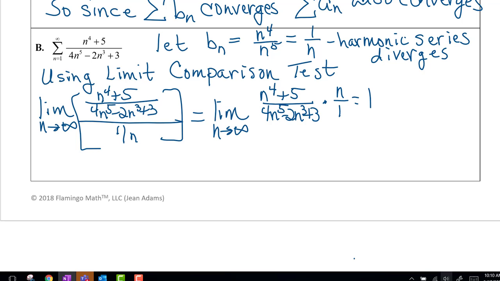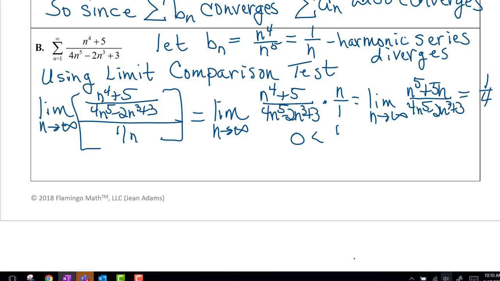So we are going to get the limit as n approaches infinity of n to the fifth plus 5n over 4n to the fifth minus 2n to the third plus 3. So this is going to equal 1/4. And of course 1/4 is greater than 0 but less than infinity.